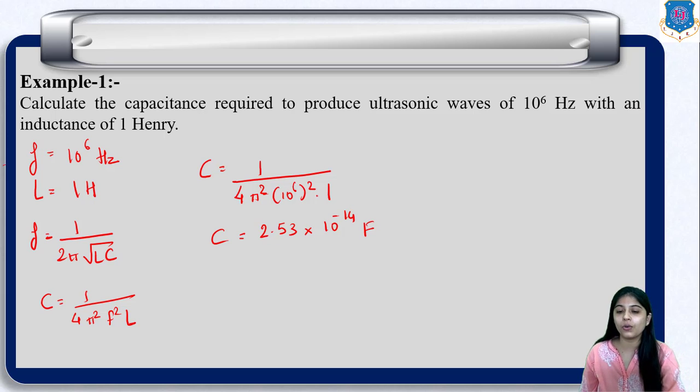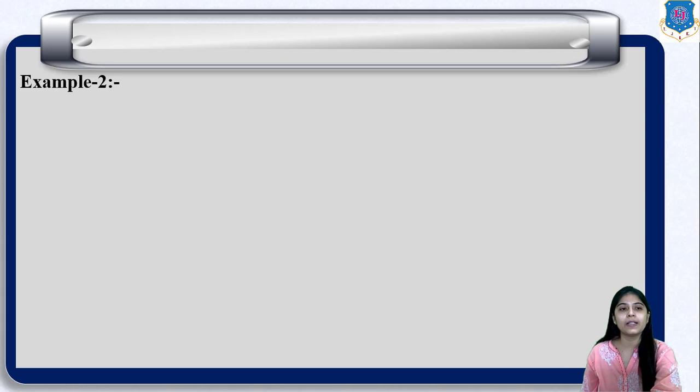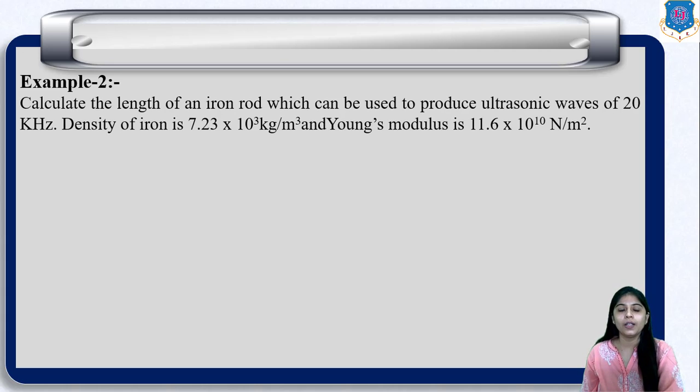Now let us go through another example. The next example is: calculate the length of an iron rod which can be used to produce ultrasonic waves of 20 kilohertz. Density of iron is 7.23 into 10 raised to 3 kg per meter cube and Young's modulus is 11.6 into 10 raised to 10 Newton per meter square.